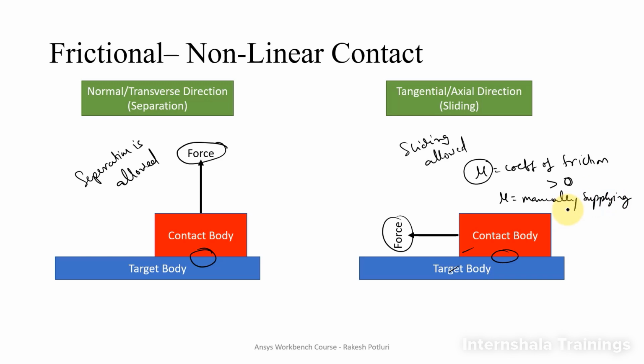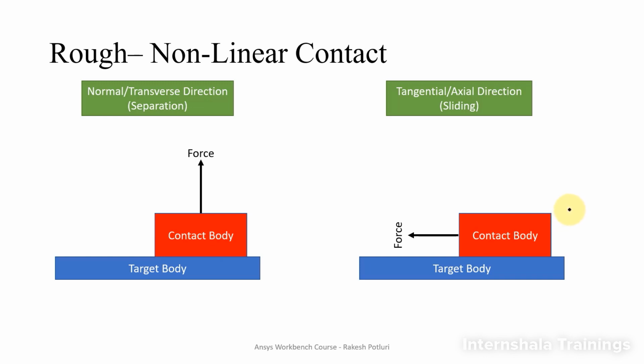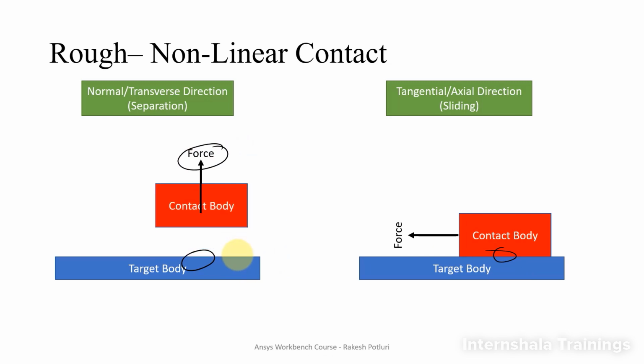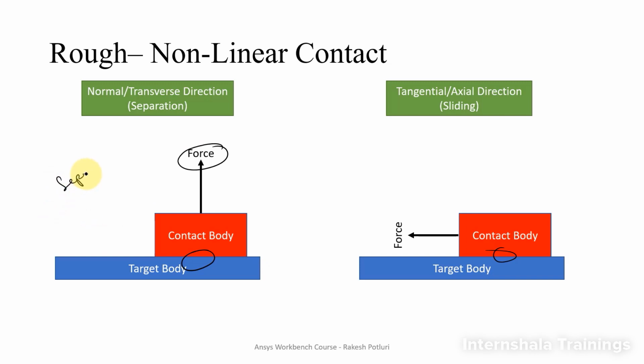And the next one is rough contact, and this is also a nonlinear contact. Again, I will take two bodies, apply the rough contact between them, and try to apply the force in this direction to move the body. When I try to move the body, obviously it is moving. That means here also separation is allowed. But if I apply the force and try to move this body, it cannot slide over the target body.